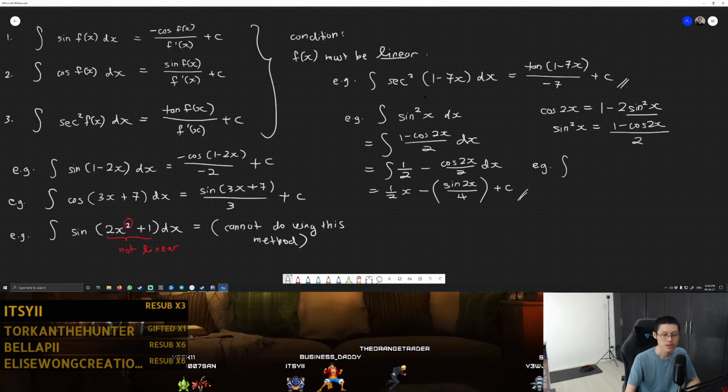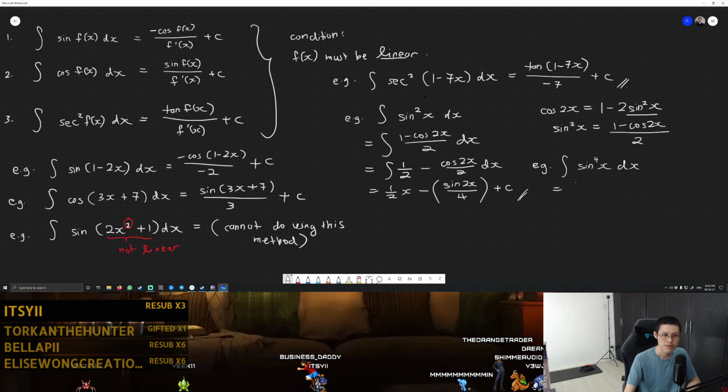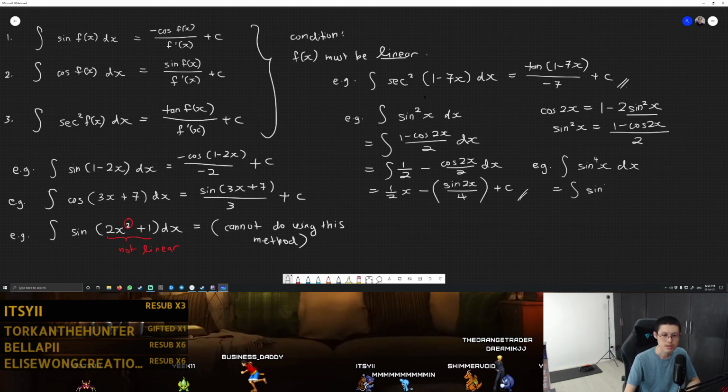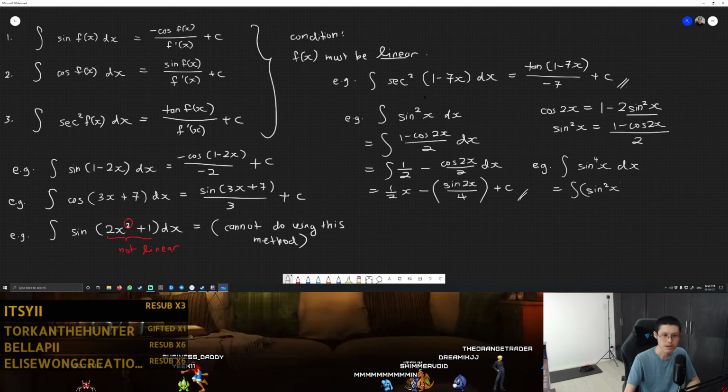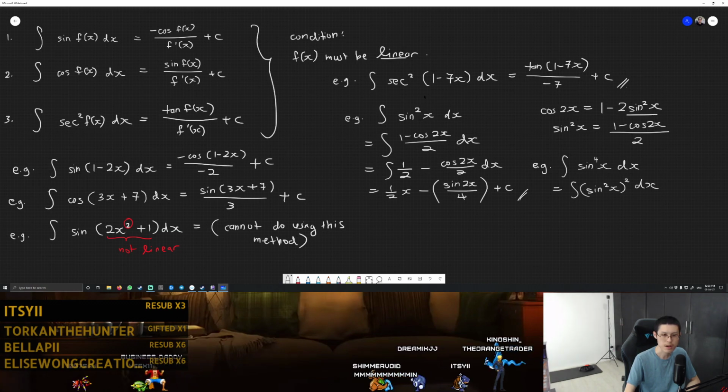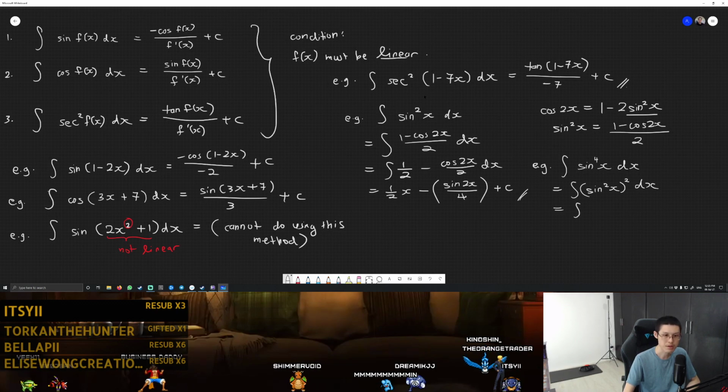Let's say I want to integrate sine to the power 4 of x. Oh no! What to do? Well, sine to the 4th x is actually the same as (sine squared x) squared, right? And we know what sine squared is using the double angle formula.